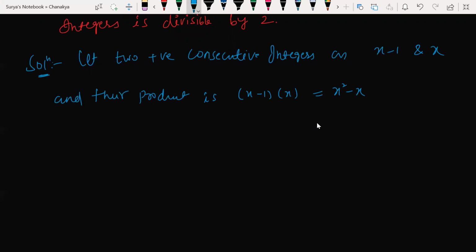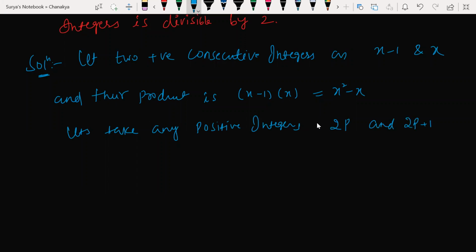And what do we know here? See, you take any positive integers. Let's say 2p and 2p plus 1.